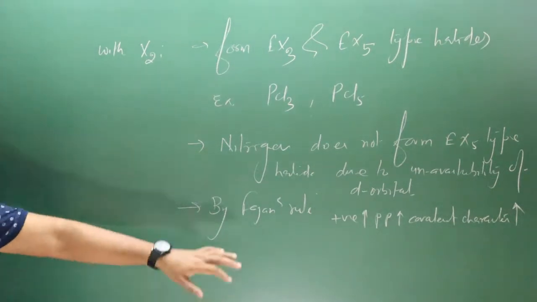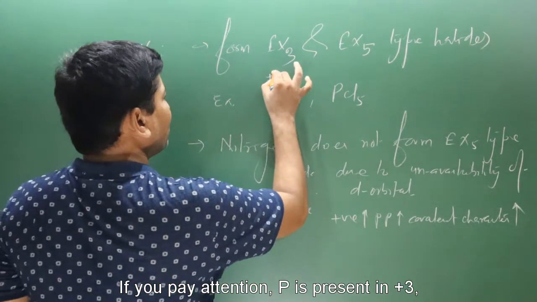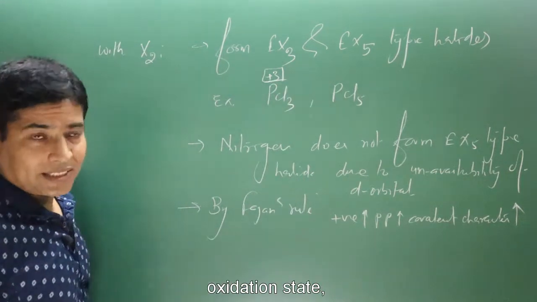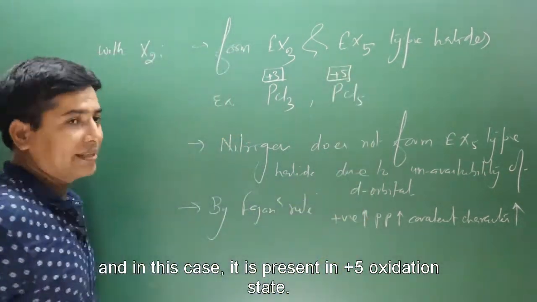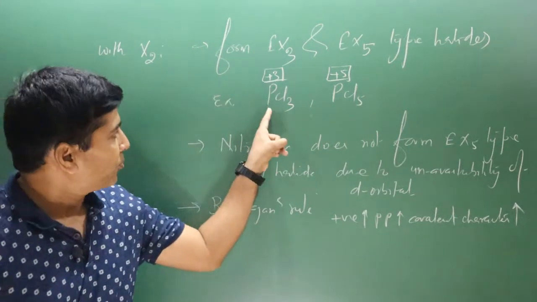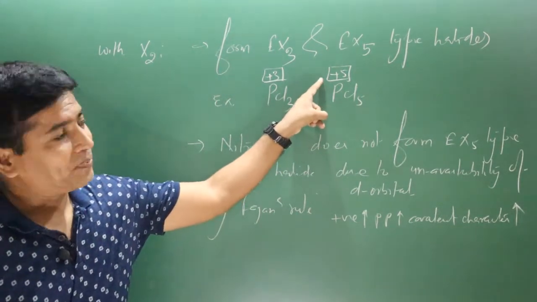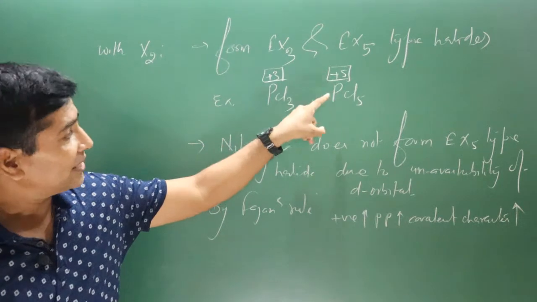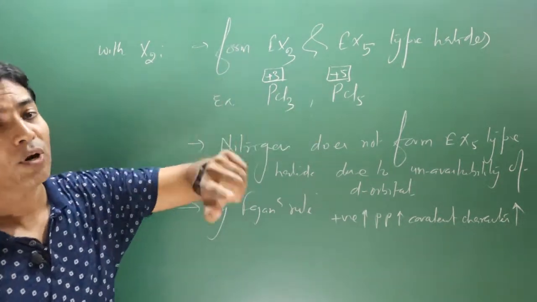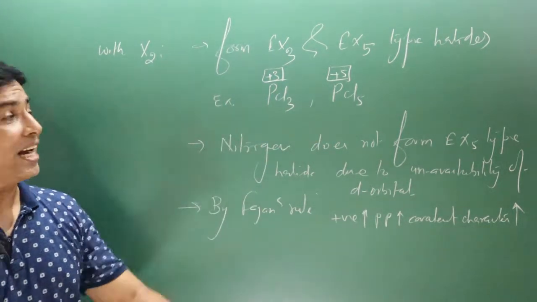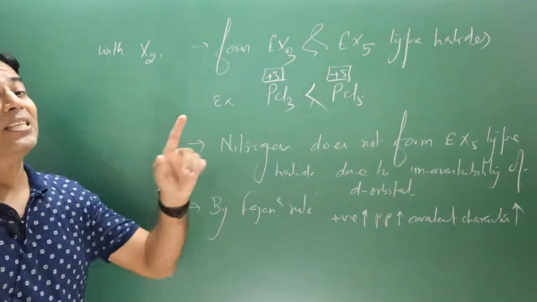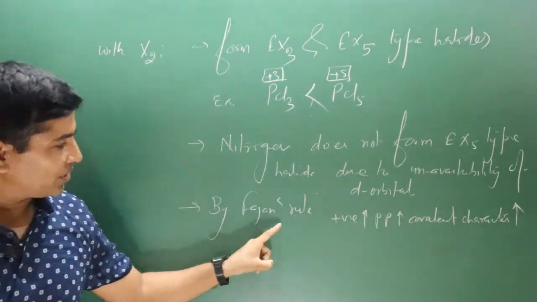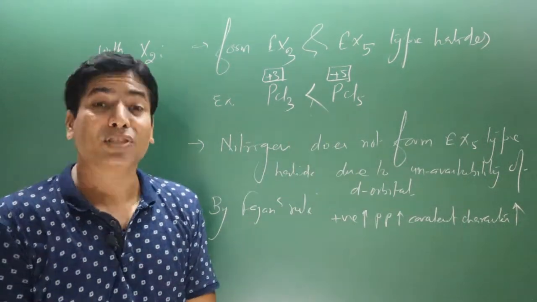Now look here, if you pay attention, phosphorus is present in +3 oxidation state, and in this case it is present in +5 oxidation state. So you can compare P+3 and P+5. It is having more positive charge, means this phosphorus is having more polarizing power than this phosphorus. That's why PCl5 is having more covalent character than PCl3, because we have applied Fajan's rule.